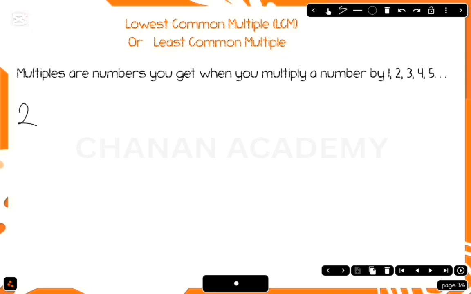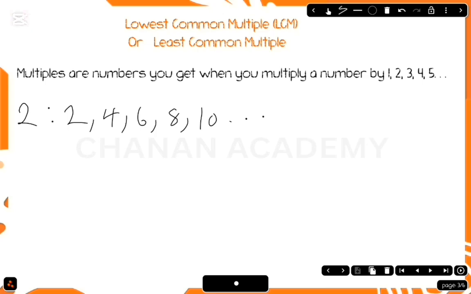For example, the multiples of 2 are: 2 multiplied by 1 is 2, 2 multiplied by 2 is 4, 2 multiplied by 3 is 6, 2 multiplied by 4 is 8, and so on. So these are the multiples of 2.